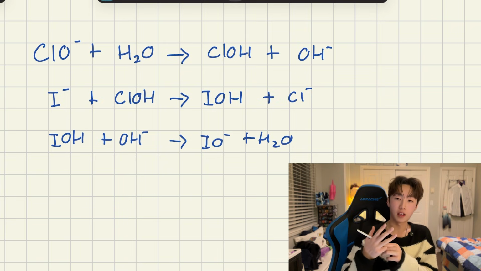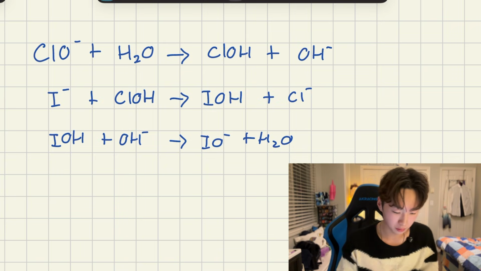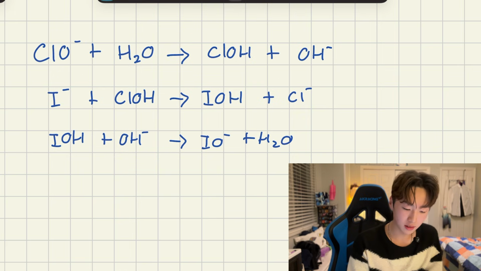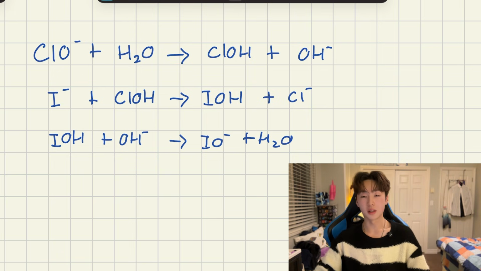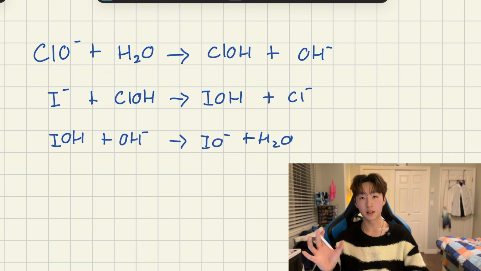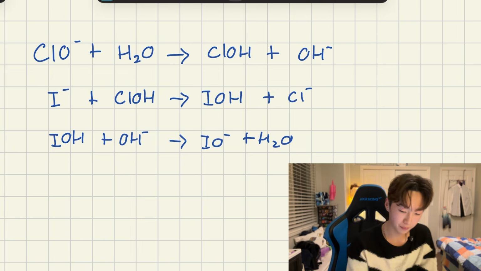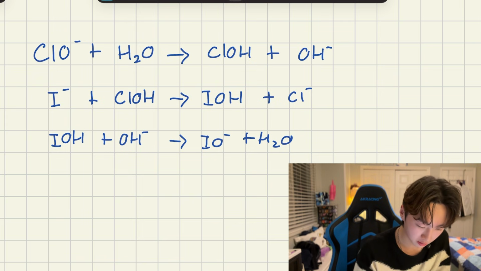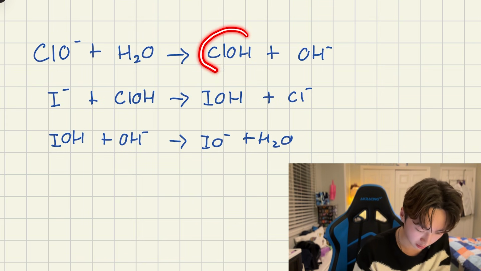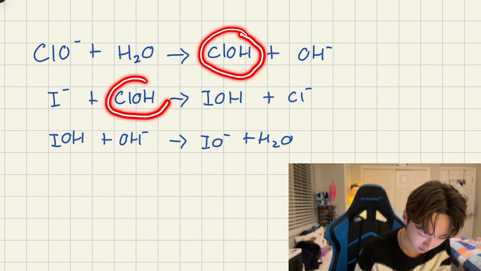First, let's identify our intermediates. That's what's being made in one step and being consumed in a later step. And let's cancel them out. First I can see we have a ClOH on this side and on this side too.